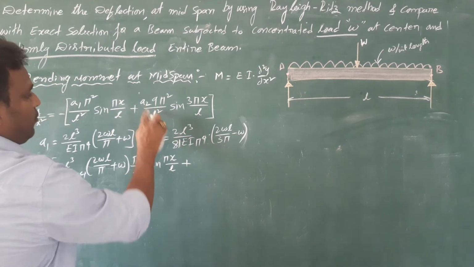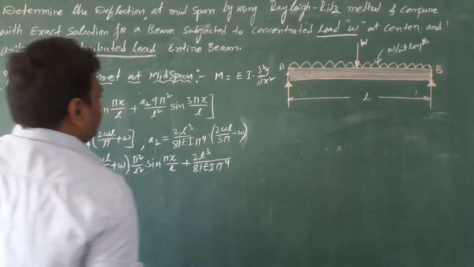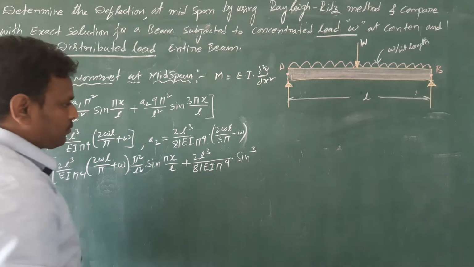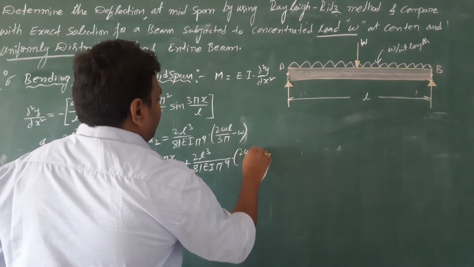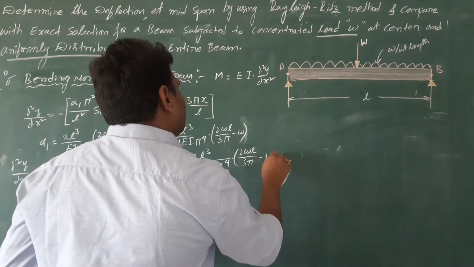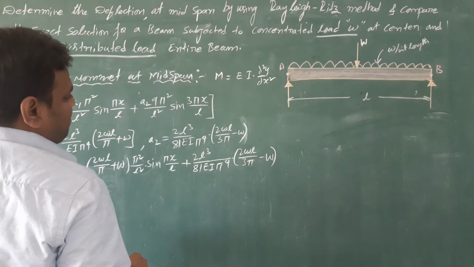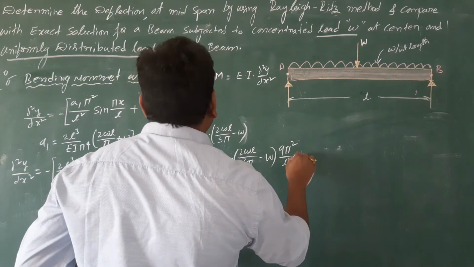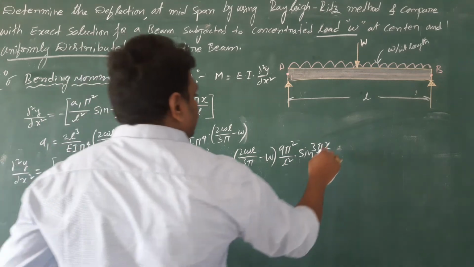Plus a2, which means 2L cube by 81 EI pi power 4, into 2WL by 3 pi minus capital W, and the remaining is 9 pi square by L square into sine of 3 pi x by L. Finally, it looks like this.